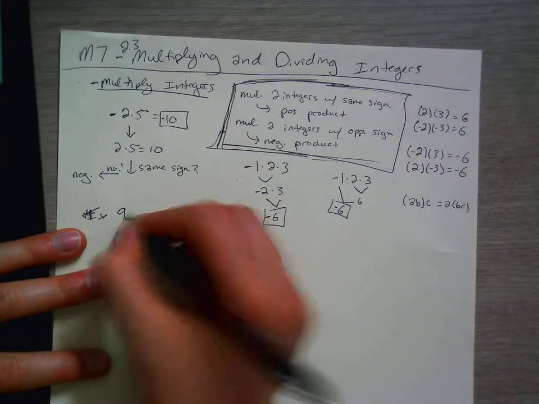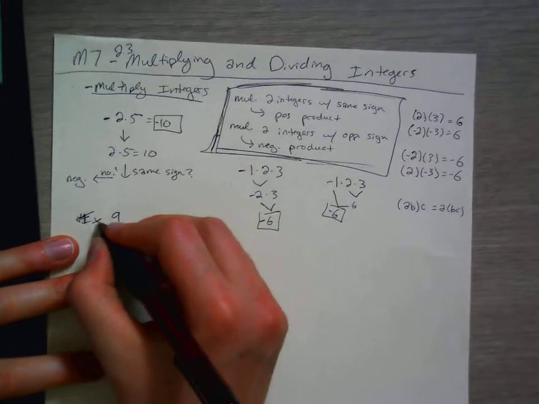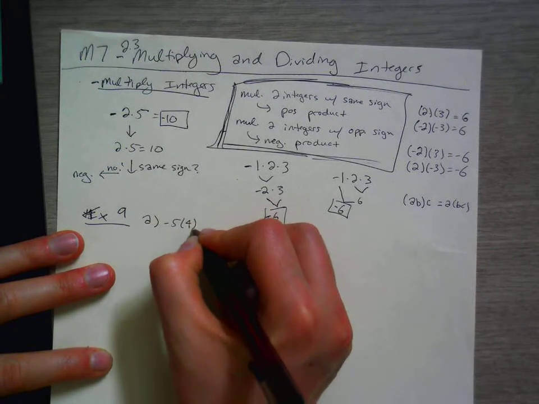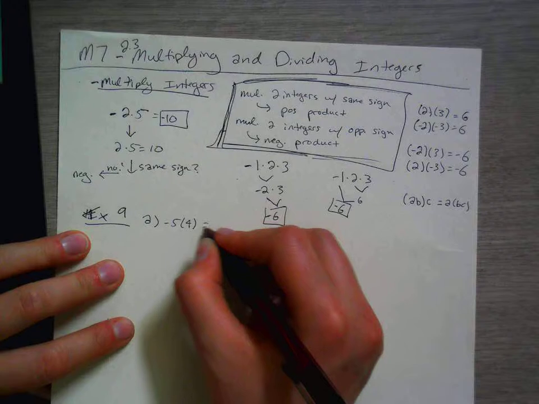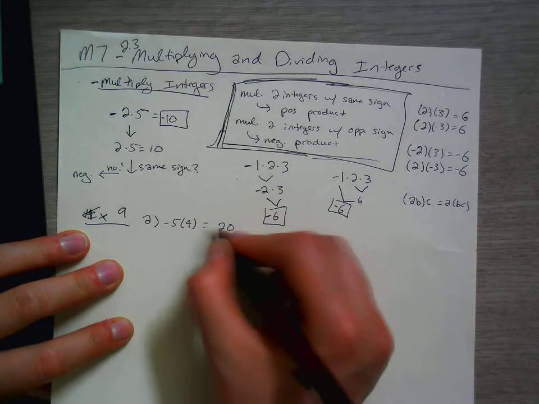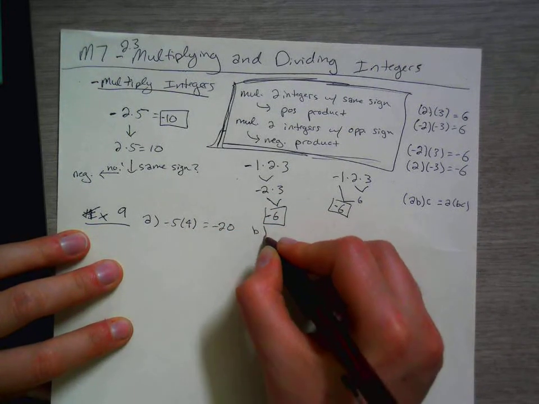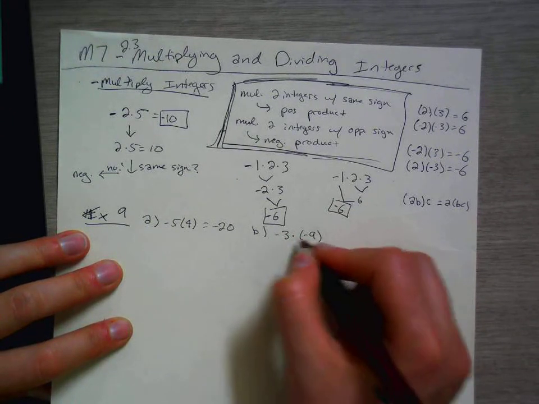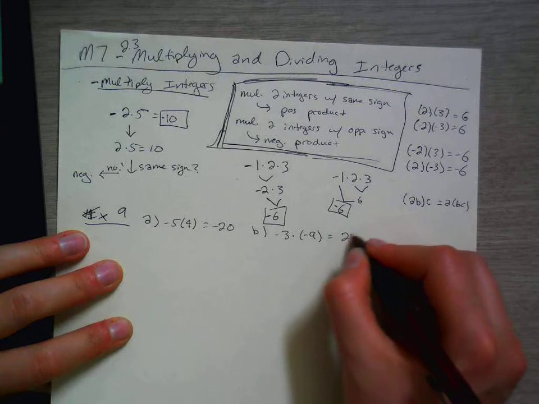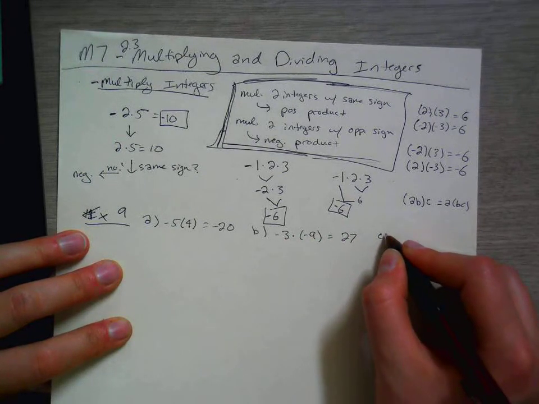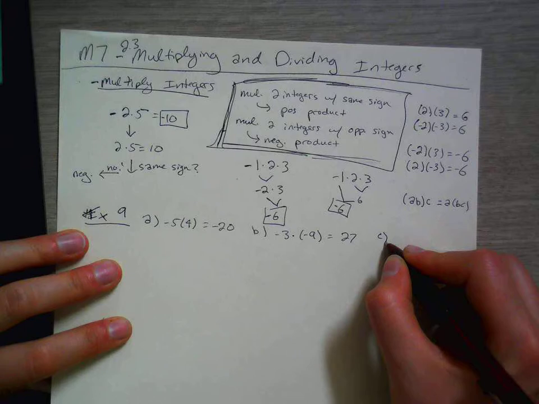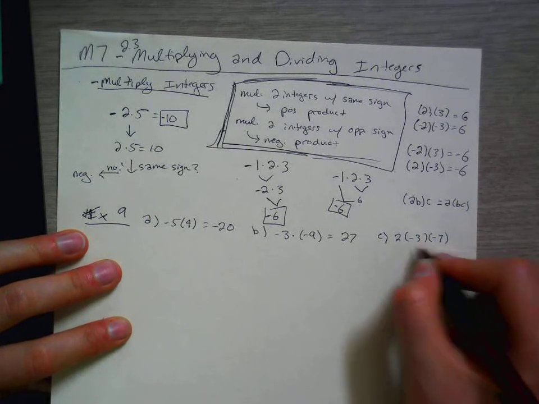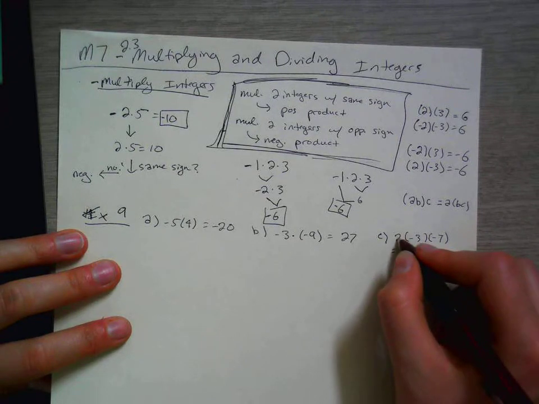Example number 9. A, negative 5 times 4. Multiply them first, it becomes 20. The signs are different, so it's negative. B, negative 3 times negative 9. Let's multiply them first. That gives us 27. Signs are the same, so it stays positive. C, 2 times negative 3 times negative 7 equals, let's do these two first.